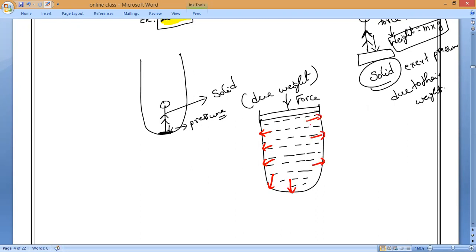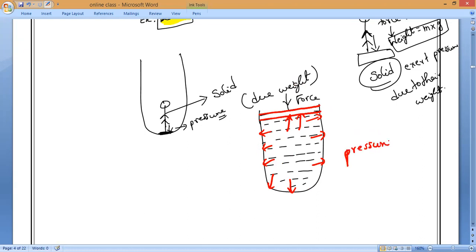Even upward it will be exerting, but the lid and the strong container stop the fluid from coming out. In every direction, the pressure is exerted by the fluids.